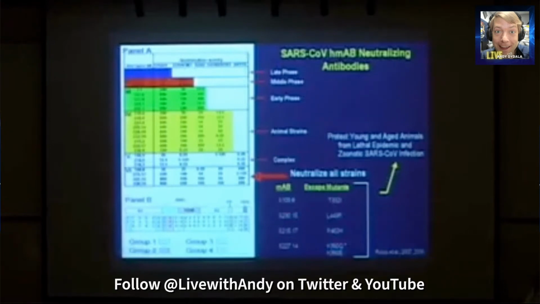In fact, 3 of them don't overlap: S109, 230, and 227. So these represent good therapeutic cocktails that would capture most of the diversity that exists in SARS and probably work in potential patients infected during future epidemics. These also protect young and aged animals from lethal infection. That was published by Baric in a couple of papers.